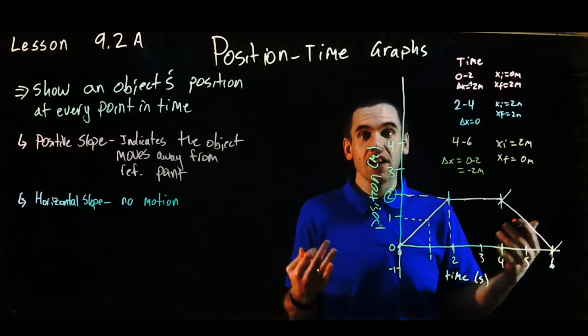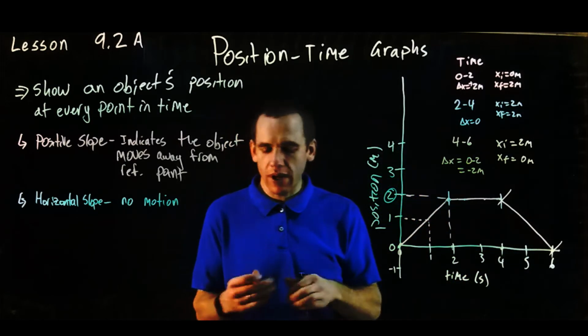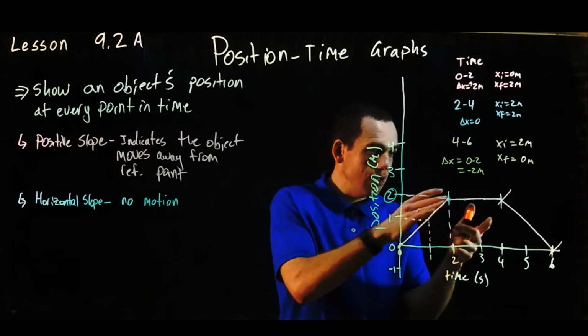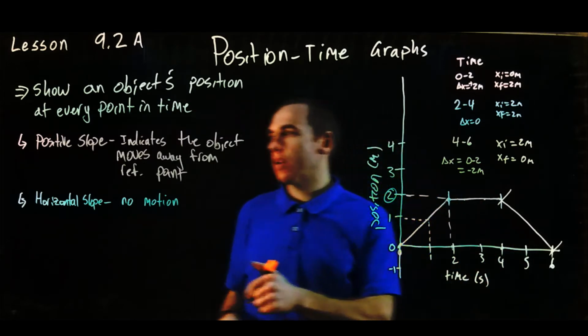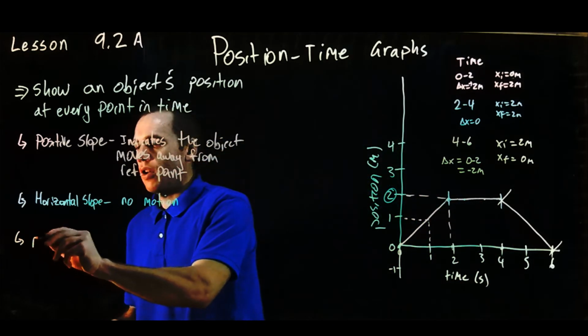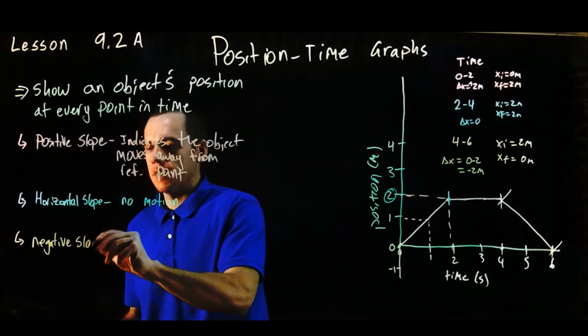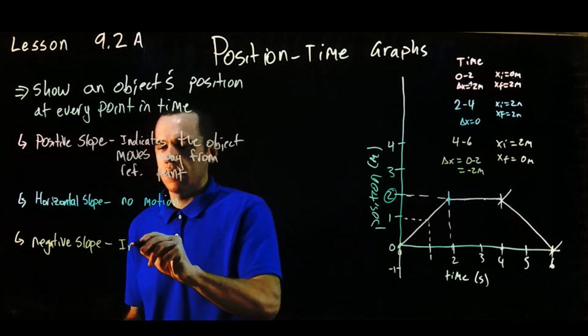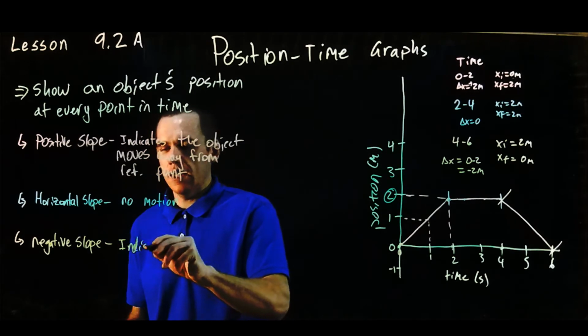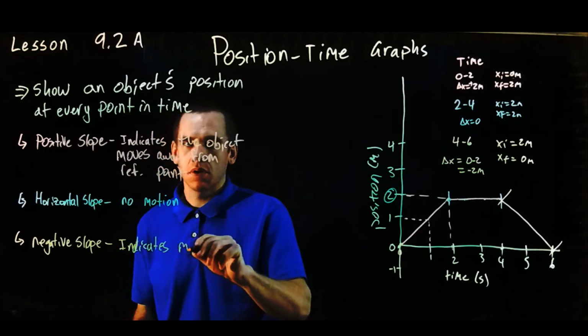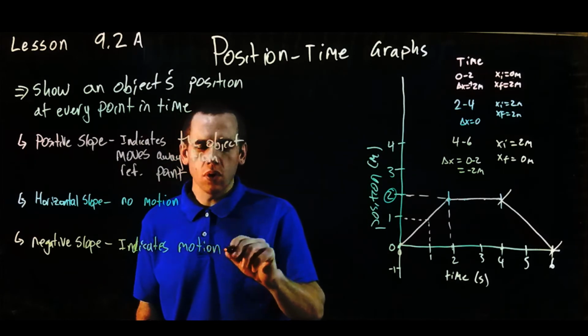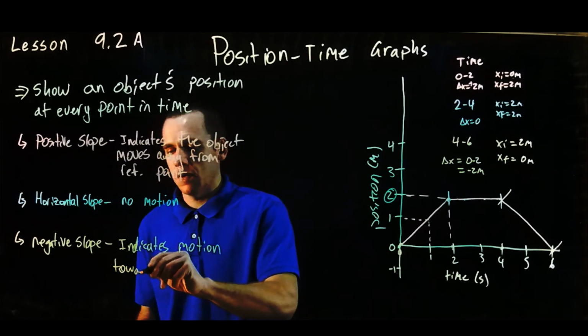And it's okay to have a negative displacement. Negative indicates direction, so this just means it moved backwards, back towards where it started. So that's our negative slope, and the negative slope indicates motion towards the reference.